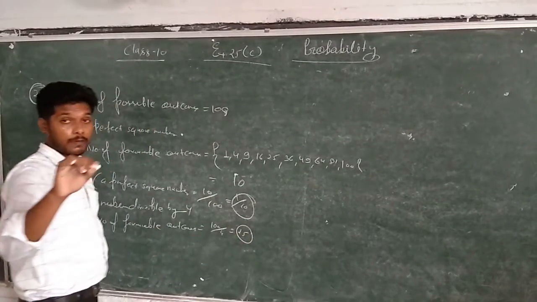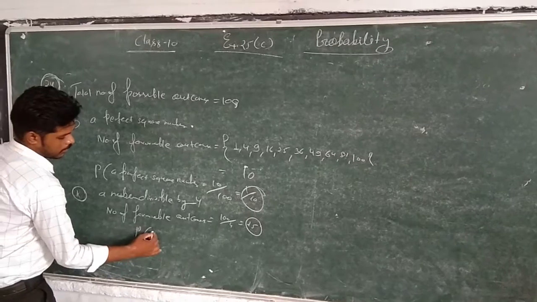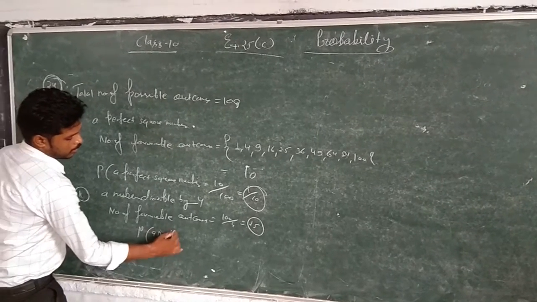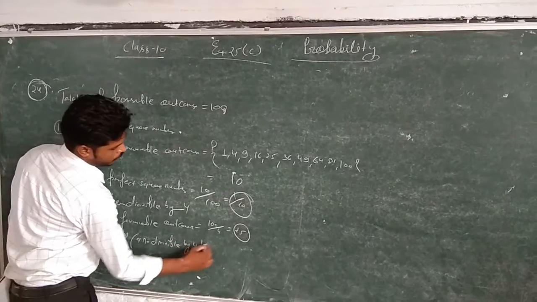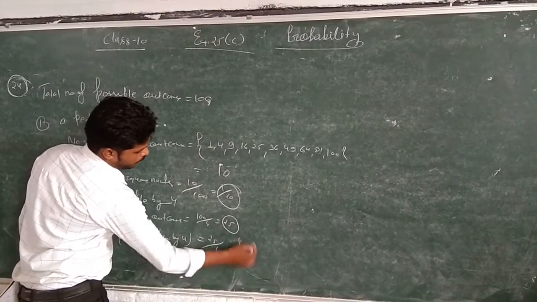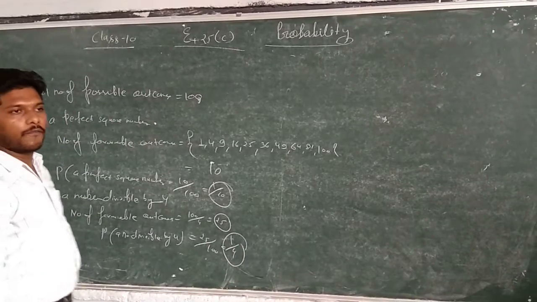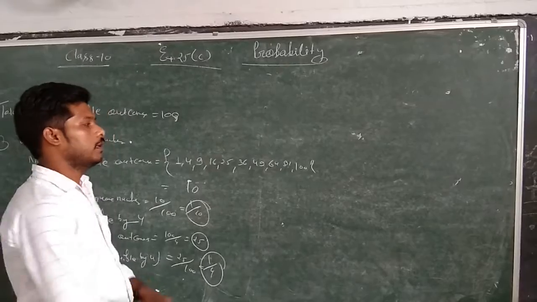I mean, there are 25 numbers which are divisible by 4. So P of a number divisible by 4 is equal to 25 upon 100. It means 1 upon 4. It means out of 4 numbers, there is one number which is divisible by 4.